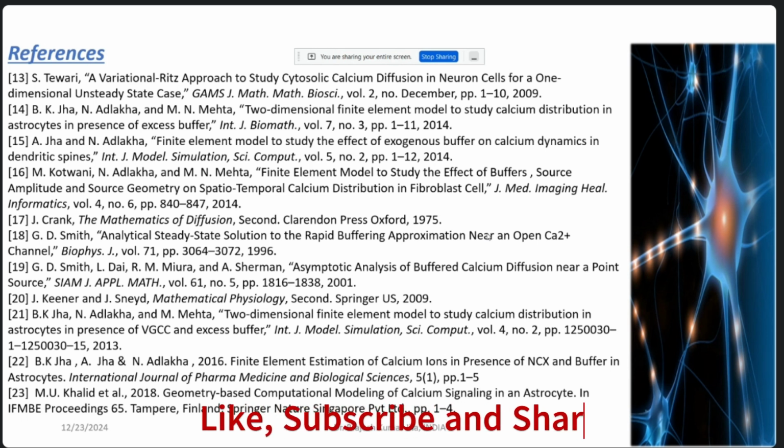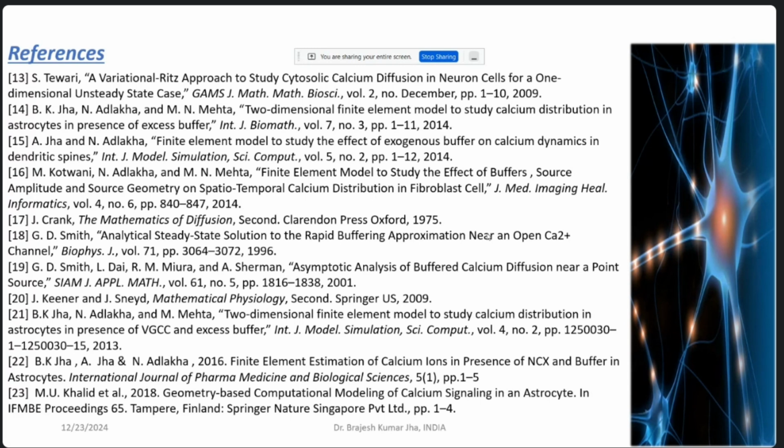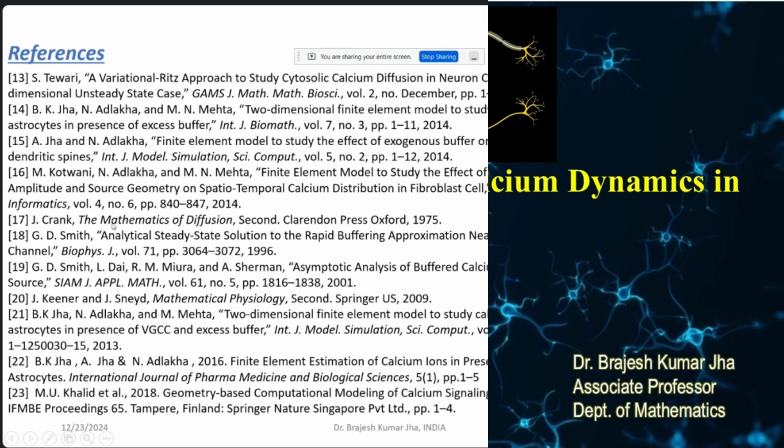They have published a number of papers in this area. For the mathematical term analysis, use the diffusion process.